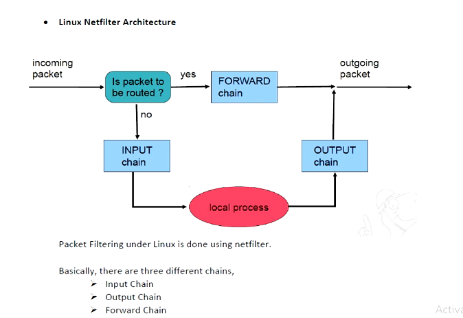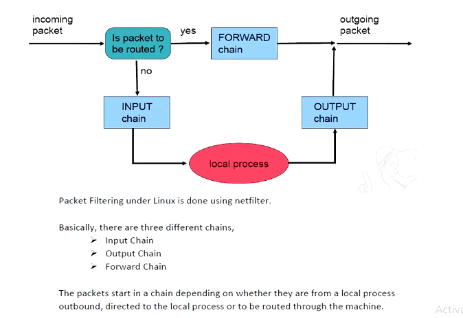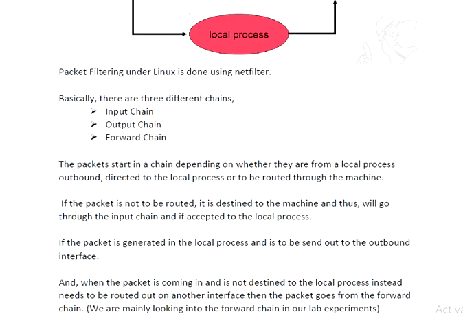So there are basically three kinds of chains: input chain, output chain, and forward chain. A packet starts in a chain depending on whether it is from a local process outbound, directed to the local process, or to be routed through the machine.